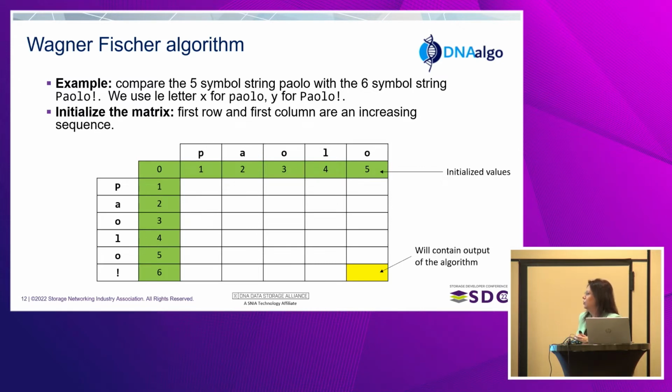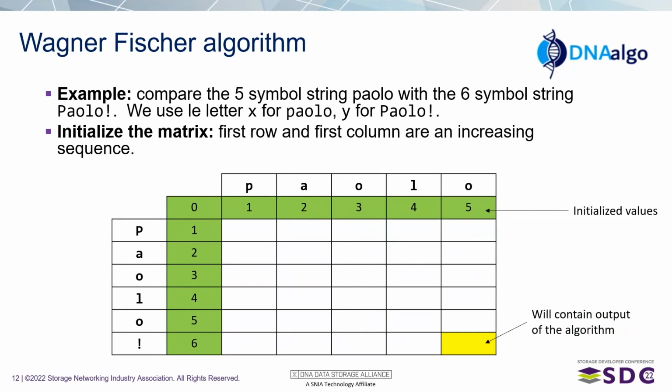So suppose that we want to compute the edit distance between two strings, which are Paolo and Paolo with an exclamation mark, where the first P is a capital letter. How do we compute it? So basically, we build the matrix. We initialize the first row and the first column of the matrix in increasing order.